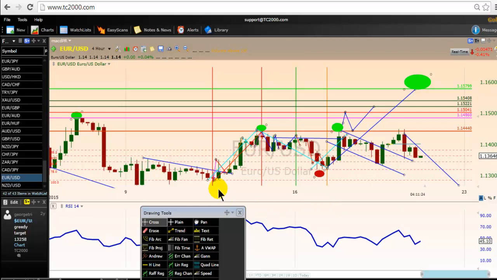So far, we still have our multi-wave here, followed by the second wave, which is the flat correction. But as we were expecting the third Elliott wave here to push it all the way to 11579, up to the short-term equilibrium price level, it didn't happen, and we are now seeing a consolidation.